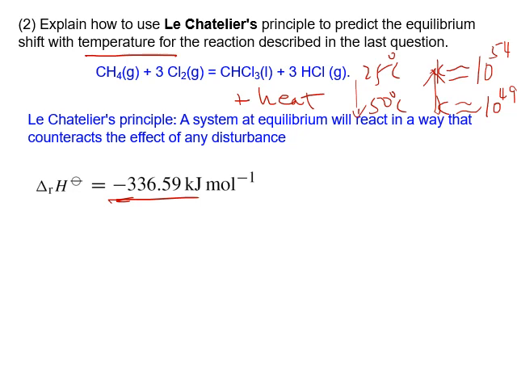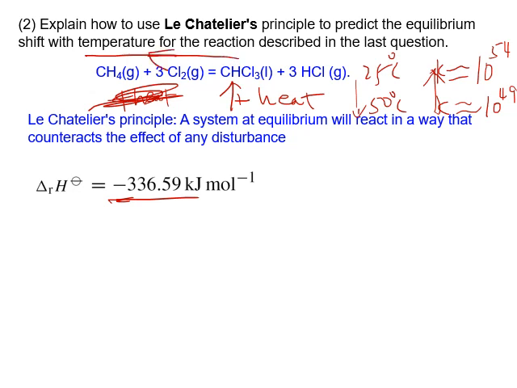Now if it's endothermic, then you think of heat as a reactant, so you add it on the left side. But here you add it on the right side, so that's the product. Now if you increase temperature, that means you increase heat, and heat is a product, so you add product to the system, and the system will counteract, which means it goes toward the reactants.